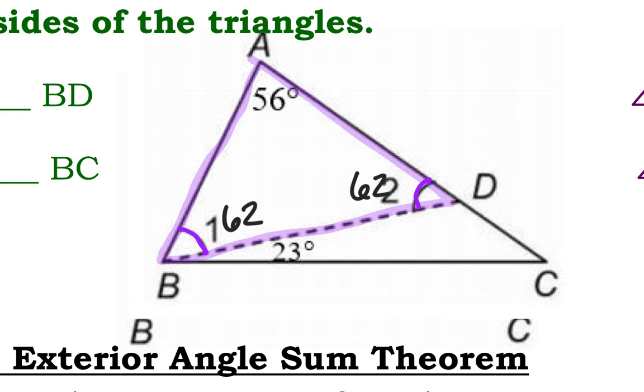How can we figure out the other two angles in the other triangle? 62 and do what with them? Add it to 23, okay, 62 plus 23. That's one way to do it. So what's 62 plus 23? The whole thing here is 85. All right. So if we're going this route, what else could we do?